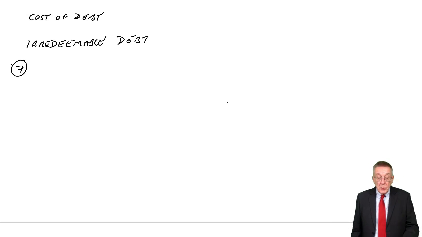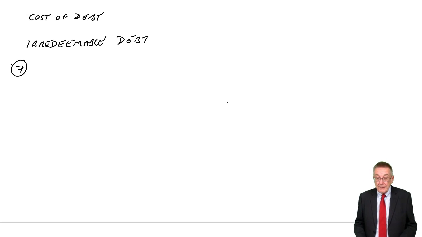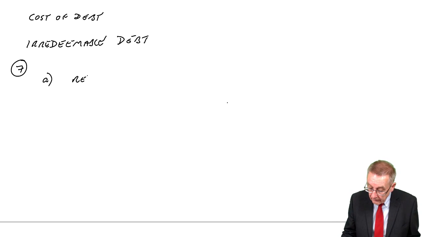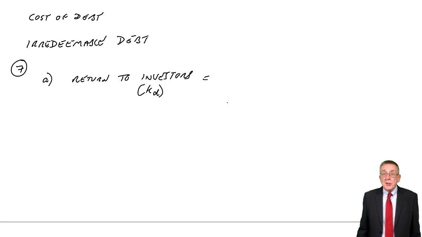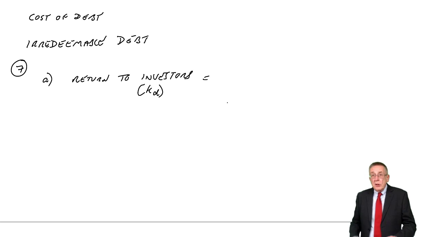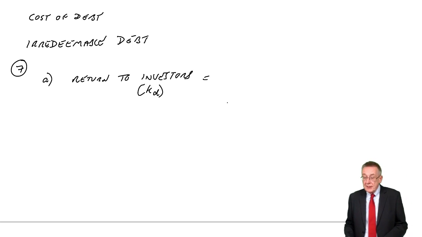FPLC has in issue 8% irredeemable debentures quoted today at 90. What's the return to investors? Well, surely, if you were buying these on the stock exchange, you pay 90, you're expecting to get the coupon rate $8 a year interest.